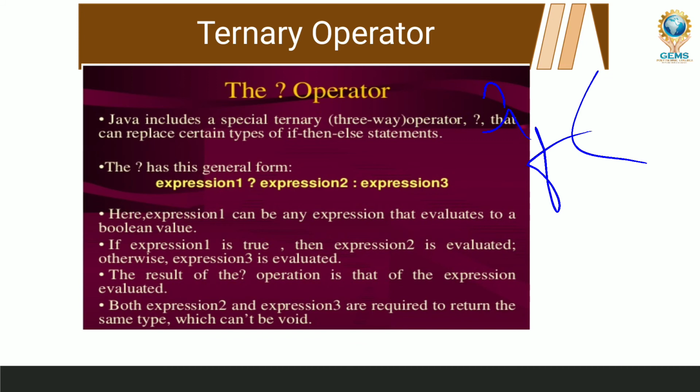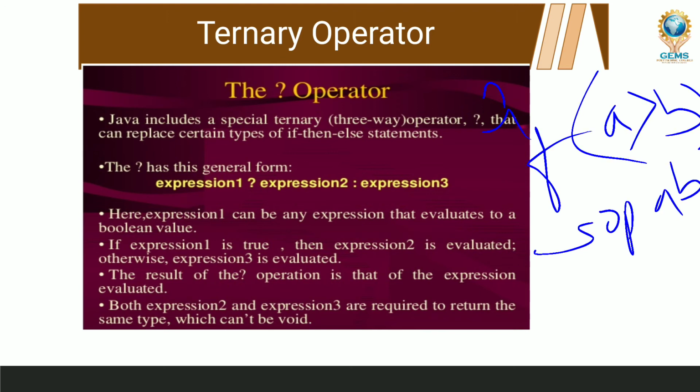Now I want to put a greater than b. Just imagine this is the if condition. Inside the condition I put if a greater than b, then System.out.println a is a big number, else a is a small number.